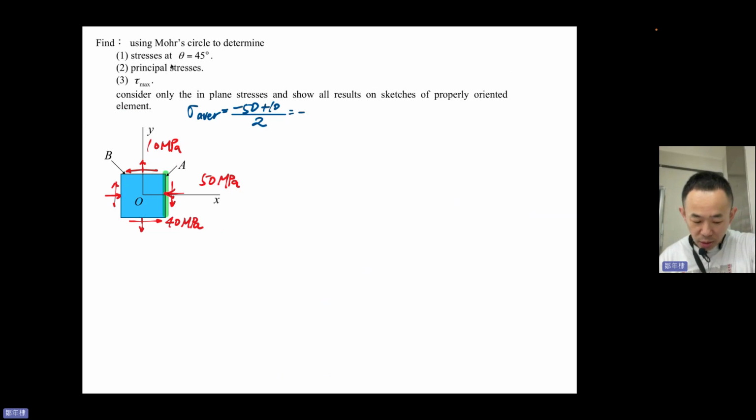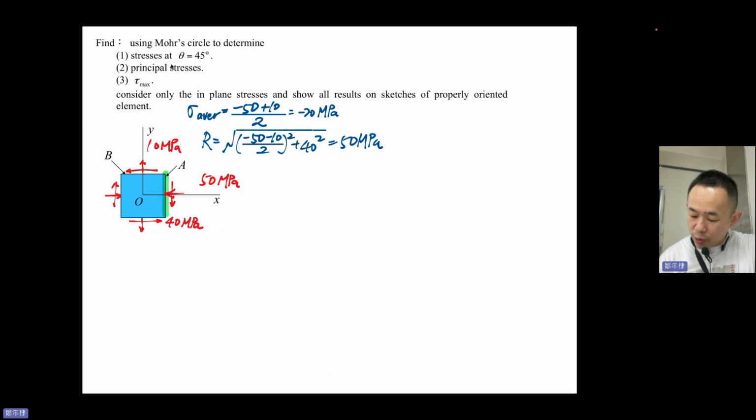So this is minus 20. Okay, so you found that this is a little bit different from the previous one. R equal to square root of minus 50 minus 10 divided by 2 squared plus 40 squared. Sorry, square 50 MPa.